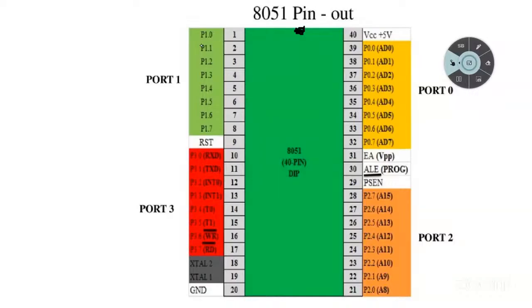The random access memory is temporary memory. Whenever the power is off, simply the content of RAM will be lost.